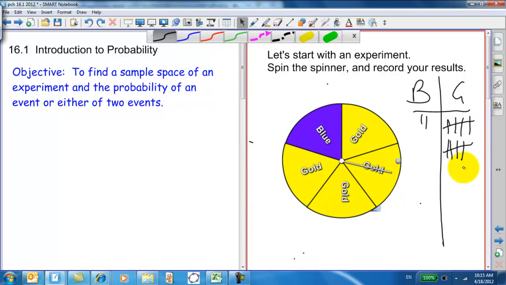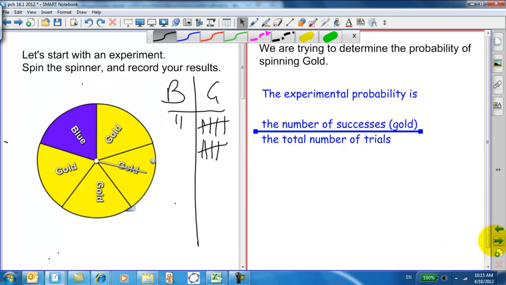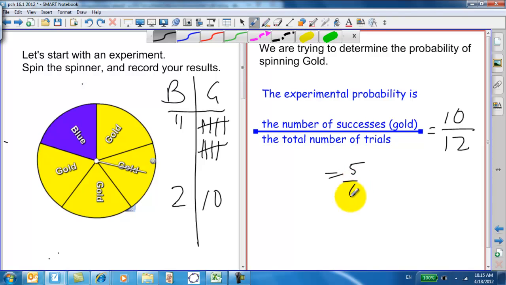Okay, so I spun it a total of 12 times. So let's calculate what we call our experimental probability, the number of successes over the number of trials. Well, we ended up with 2 blues and 10 golds. So we have a total of 12 trials and we had 10 successes. 10 twelfths equals 5/6, which is about 0.8333, to 4 decimal places.